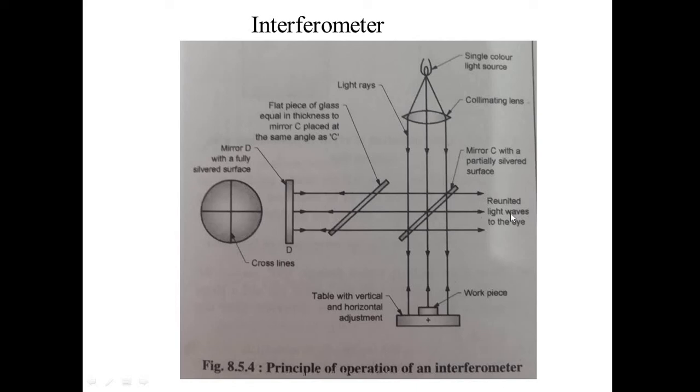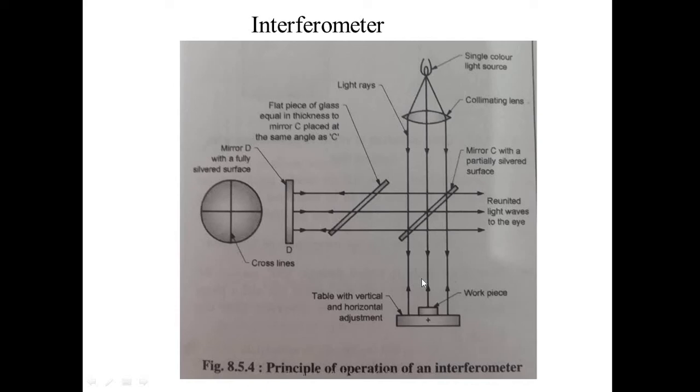But if the paths differ by a certain number of half wavelengths, these surfaces will appear dark. This is the basic principle of interference of light: when two waves of the same wavelength travel different paths, and the path difference is an odd multiple of lambda by 2, you get destructive interference and a dark spot.